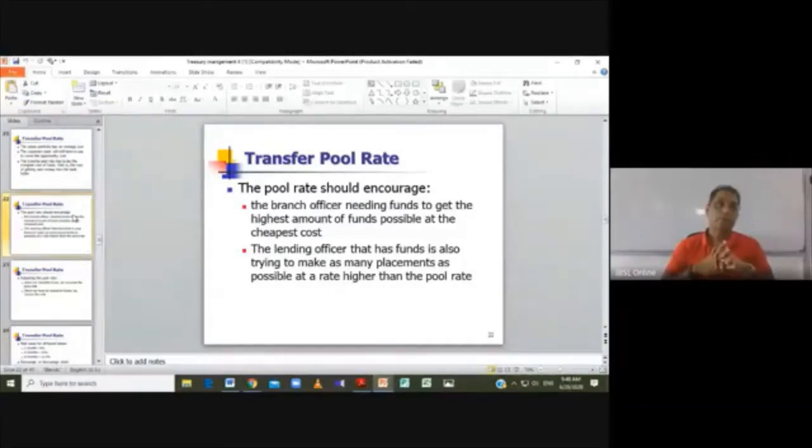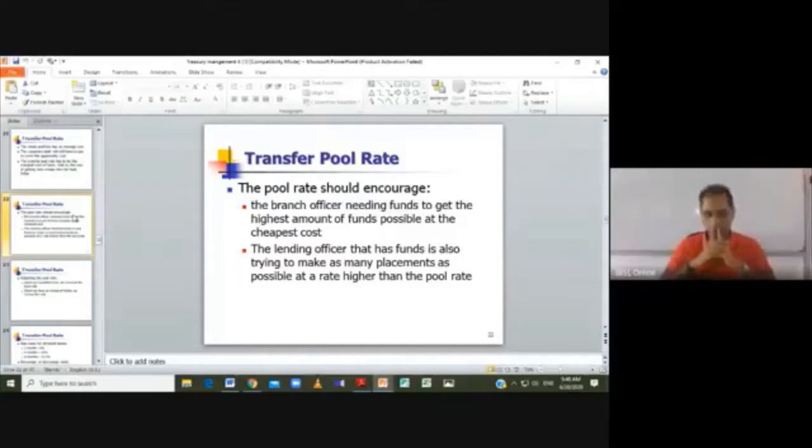Lending rates are probably still maybe 11%. Now a branch manager will find it very difficult to raise deposits, even if I say the transfer pricing rate is 7%, the market rate, please come and deposit with us. We might still not be able to get deposits.